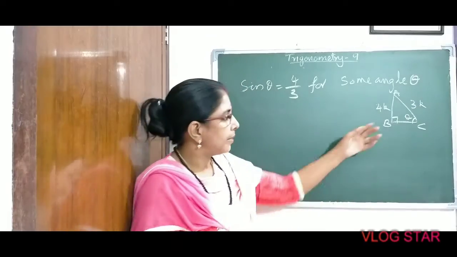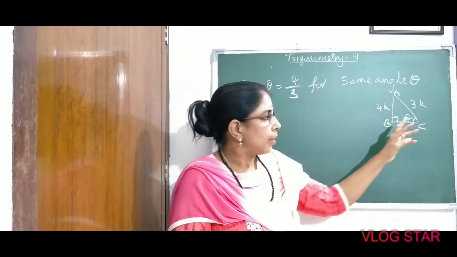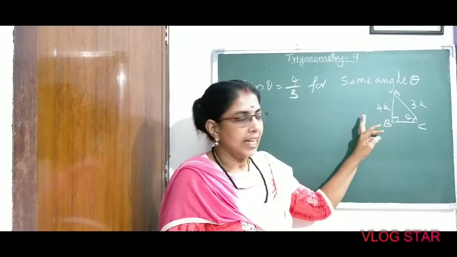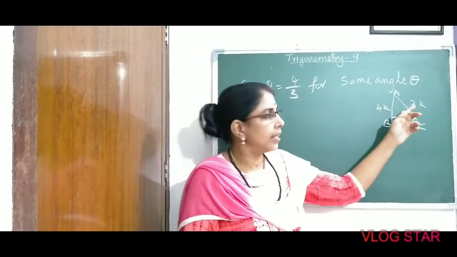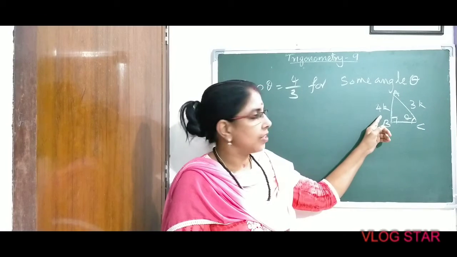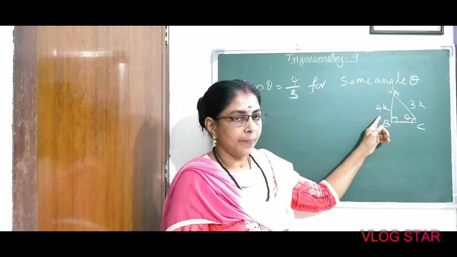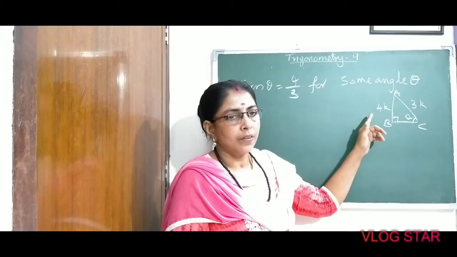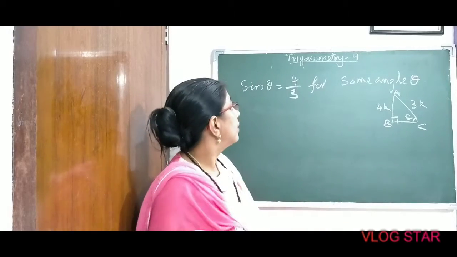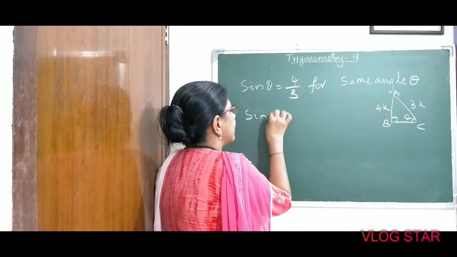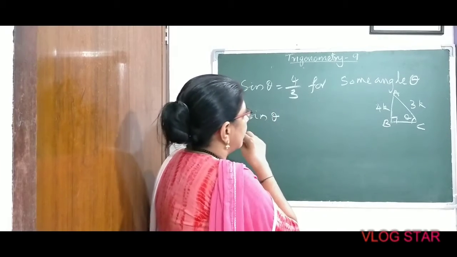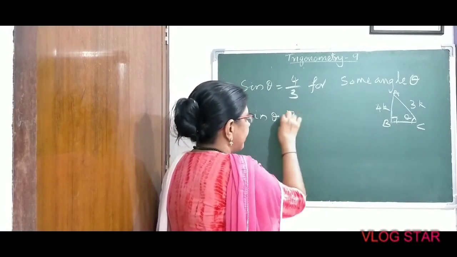Here this statement is wrong. Why? Because we know that in a right triangle the highest length is the hypotenuse. Here the highest side is the side AB. Therefore this statement will not be true. Therefore we can write, sin theta is greater than 1.